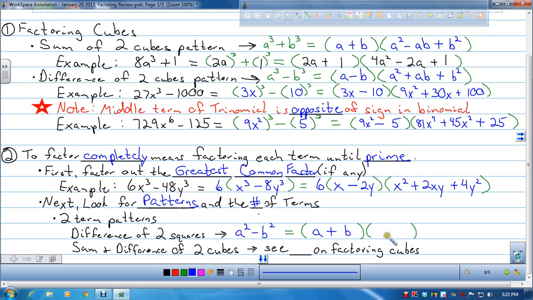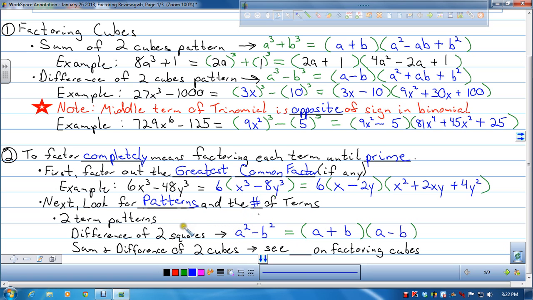One of these binomials will be positive, one of them will be negative. You'll subtract. And that's why, when you multiply these out, you end up with only two terms, because that middle term goes away, because you end up with a negative ab and a positive ab. They turn into a 0.